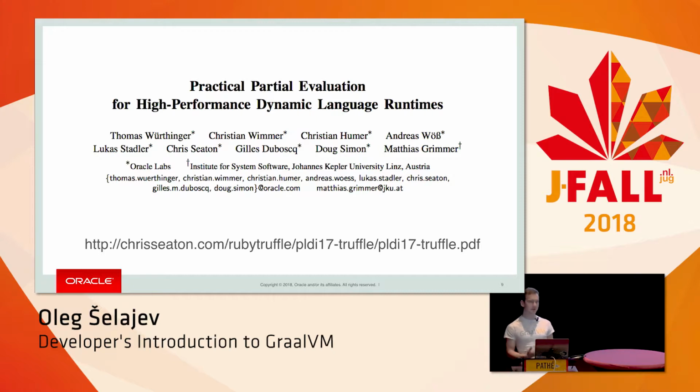It's a little bit harder to read than your typical blog post on the internet, but it explains the approach, what things the Truffle framework requires from the compiler, and how Graal Compiler actually provides those things. So if you want to dig deeper, this is a good place to start.